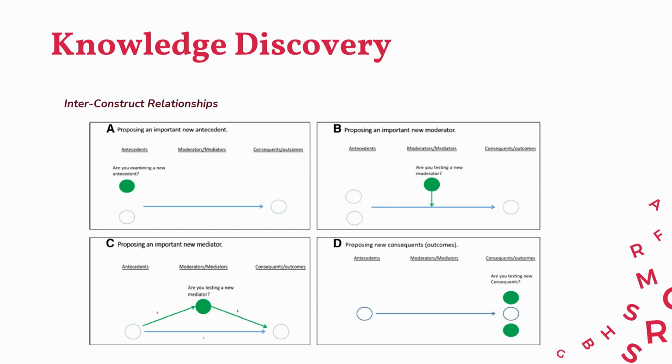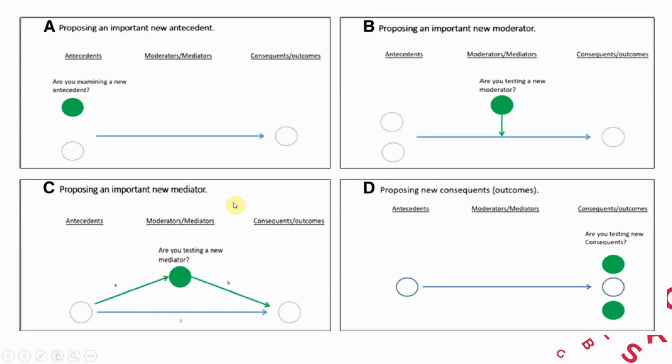So when you are trying to discover new relationships, when you are trying to identify new variables, what you need to do is have variables identified from at least 3 papers. So you need to identify variables from multiple sources, multiple studies.